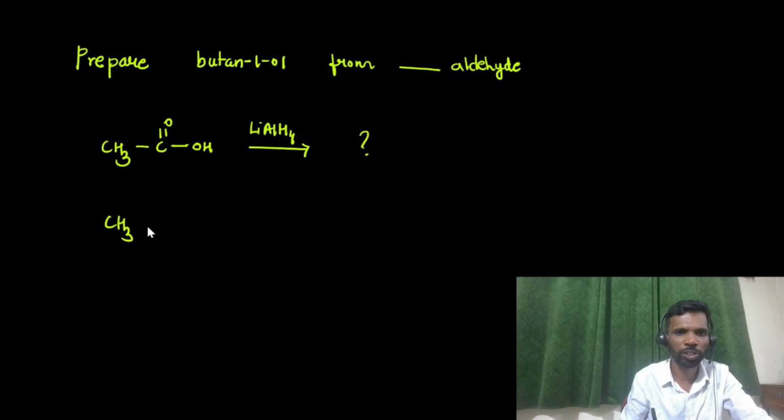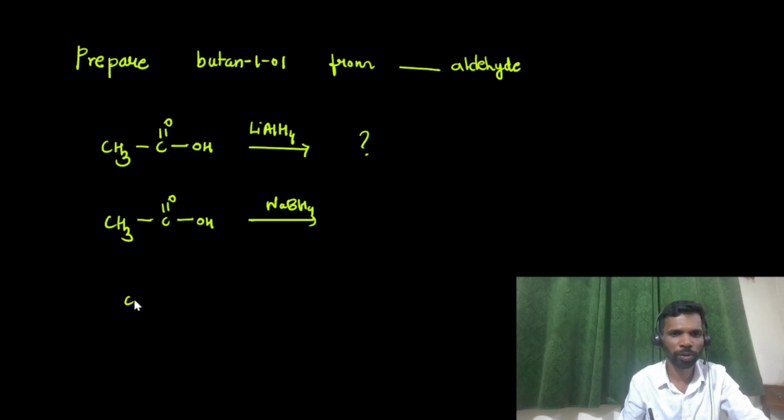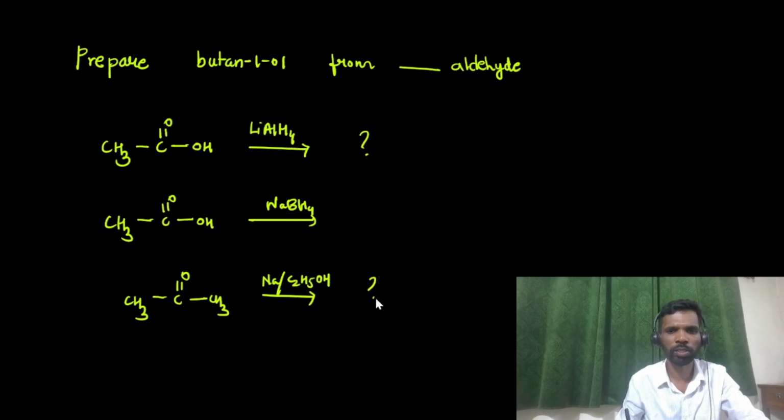Or the question may be this also: the same carboxylic acid, then sodium borohydride. Many kinds of questions are possible. If there is a ketone like this, and you add a reducing agent like sodium and ethanol, then what is the answer?